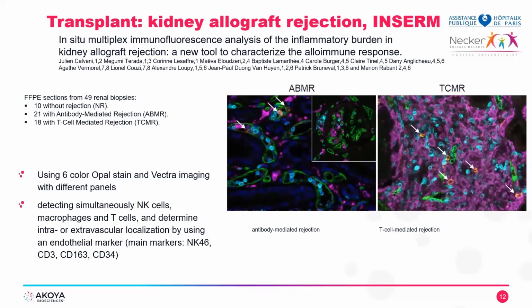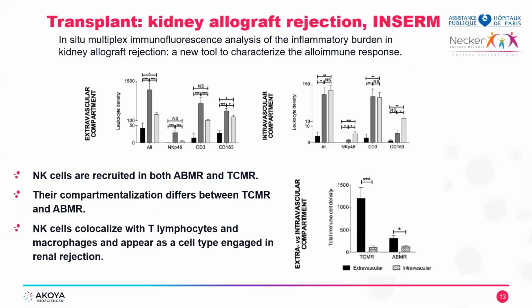Interesting here as well is that they used the NKp46 as a marker and not as commonly used the CD56. So they found that this NKp46 is much more specific, and the outcome was also quite important here, and that's why I think it made it really to a nice journal here.